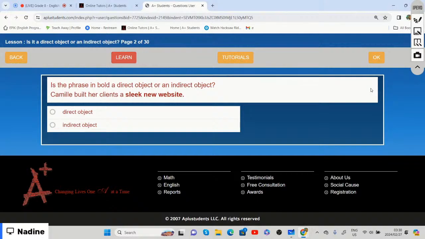So, is the phrase in bold a direct object or is it an indirect object? It says Camille built her clients a sleek new website.